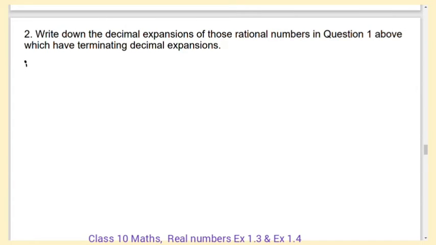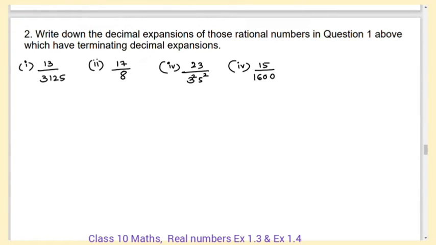So for the terminating ones only, you have to write down the decimal expansions. First one, it is 13 by 3125. Second one, 17 by 8. Fourth one, 23 by 2 cube 5 square. Sixth one, 15 by 1600. Eighth, 6 by 15. Ninth, 35 by 50.